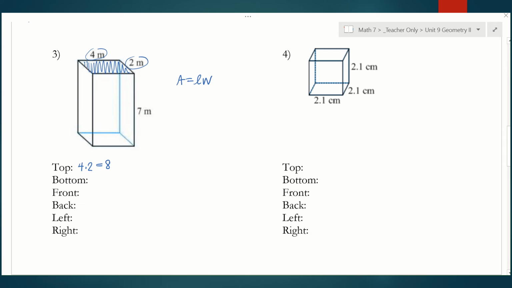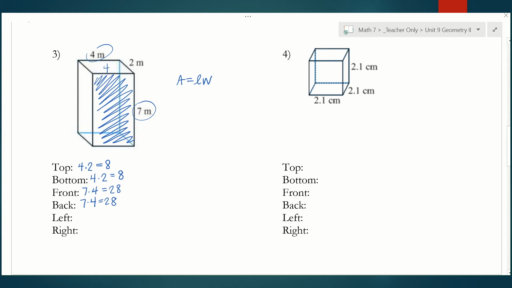The bottom is the same, so no work needed for that. Okay, the front and the back. Here's the front. I can see the length of the front is 7, but the width I have to use is 4 because those two sides are the same. So 7 times 4 is 28, and that's going to be the same as the back side. So another 28.